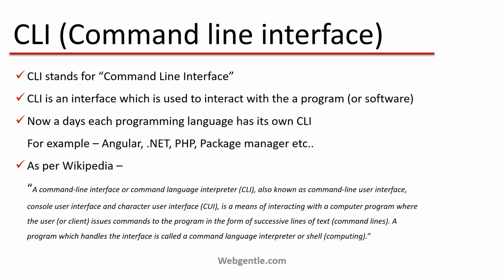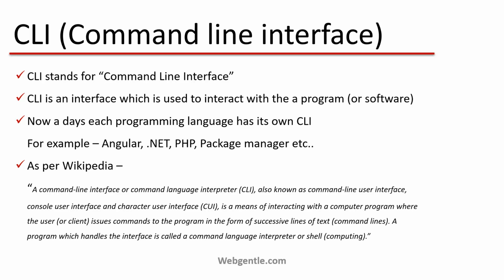As per Wikipedia, this is the definition of the CLI: a command line interface or command language interpreter, also known as command line user interface. We can also say console user interface and character user interface. So these are a few names of the CLI. It is a means of interacting with a computer program where the user issues commands to the program.